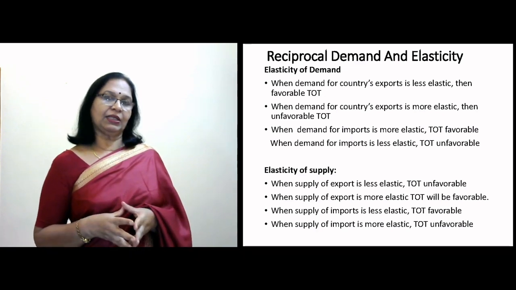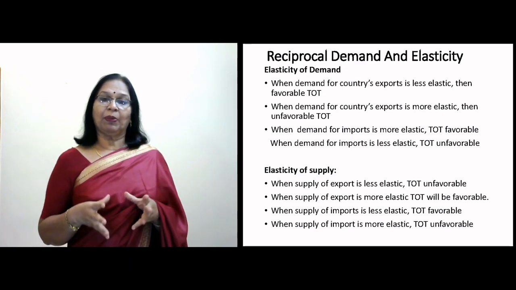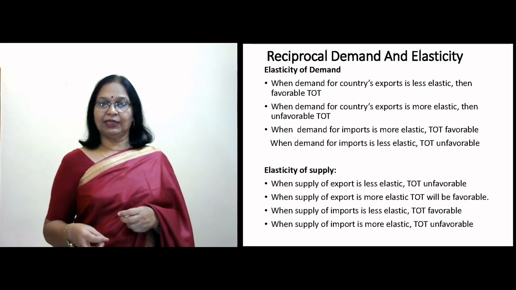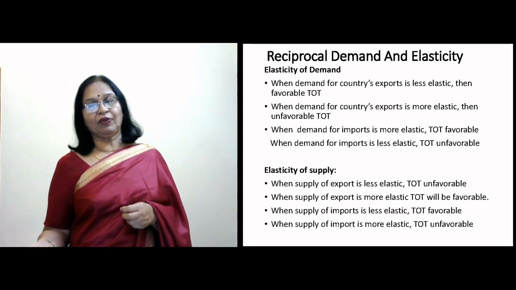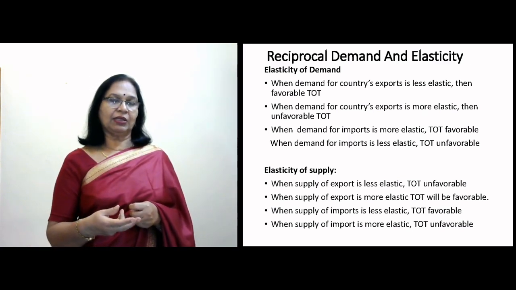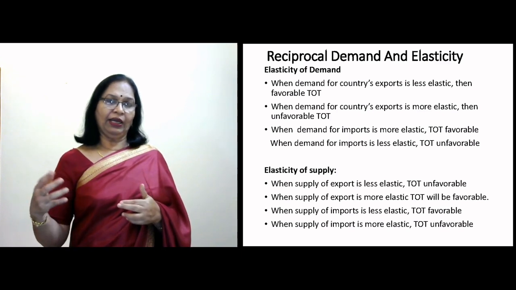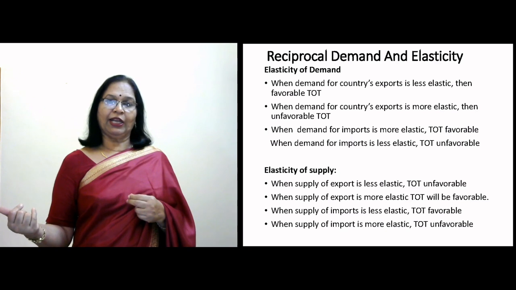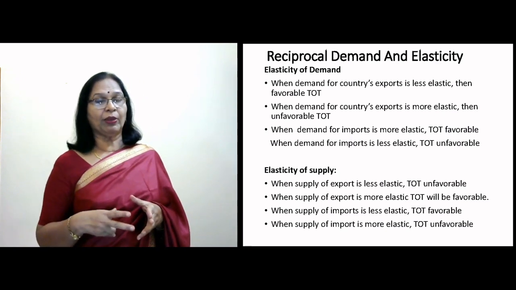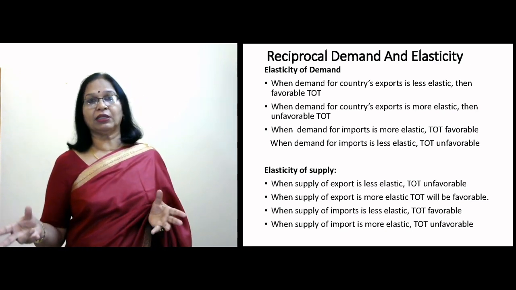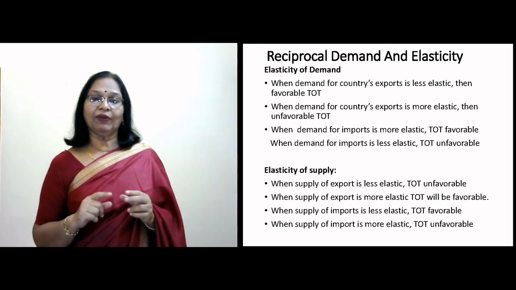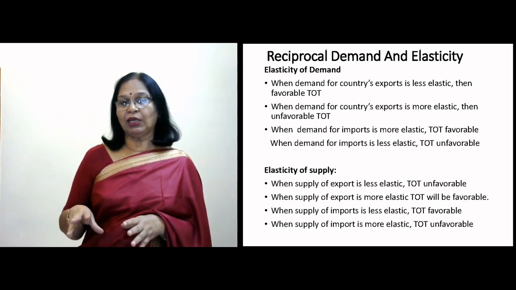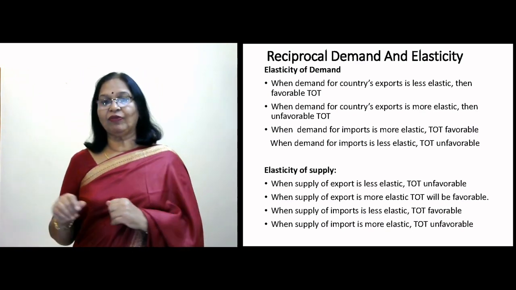Now look at the elasticity of supply. When the supply of export is less elastic, terms of trade is unfavorable. That means it can't increase the supply or decrease the supply. And if there is an increase or decrease in the demand for that export, this country will not be able to make adjustment, and therefore it is unfavorable. On the other hand, when the supply of export is more elastic, terms of trade will be favorable.